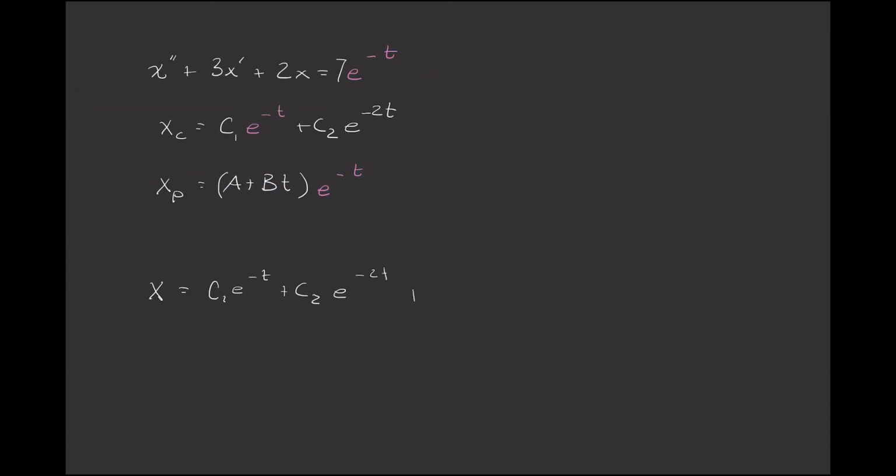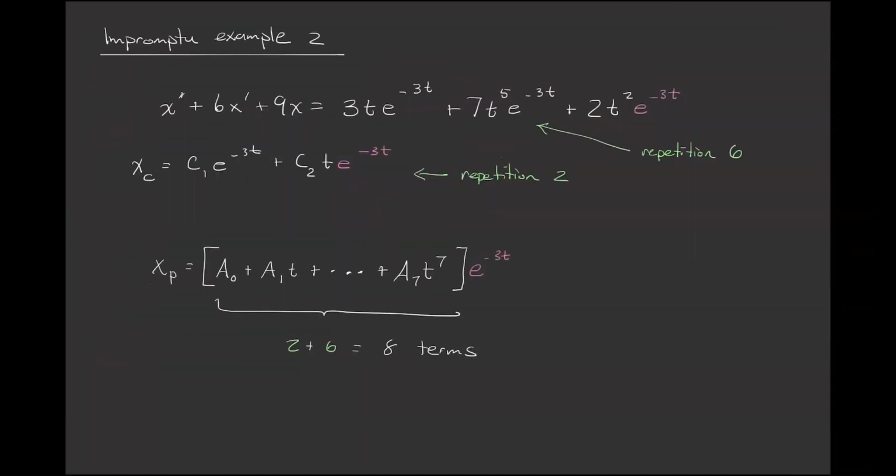So you would know what A and B are, but whatever they are, this would be the final solution. You have the complementary solution and then the particular solution. This would be your general solution formula, like so. Okay, let's then jump into it.